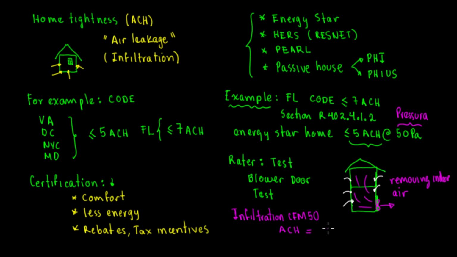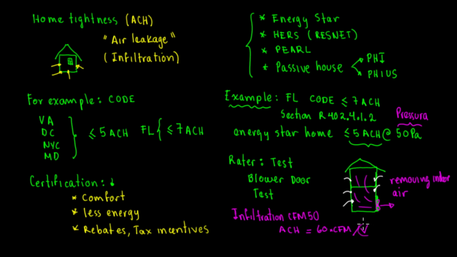And the formula for air changes per hour is volume times 60 divided by, actually no, let's make an adjustment here. There we go. So ACH is equal to 60 times CFM divided by volume.